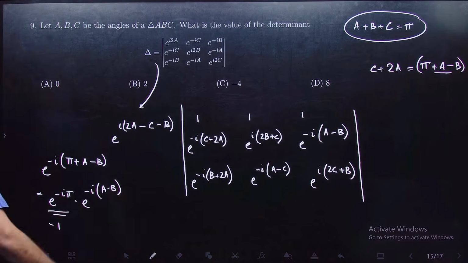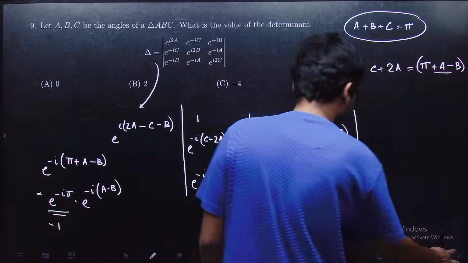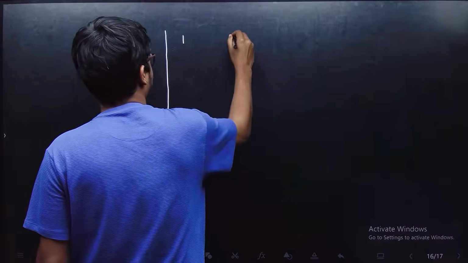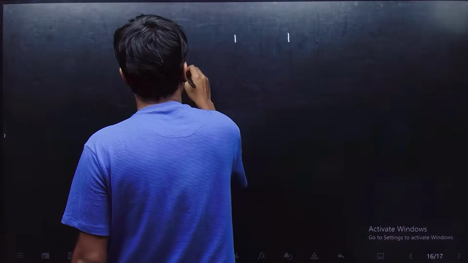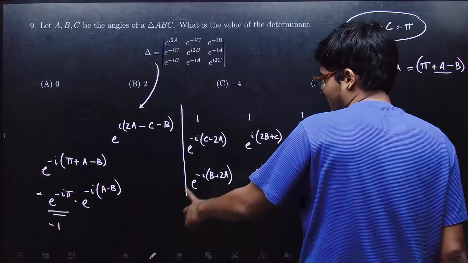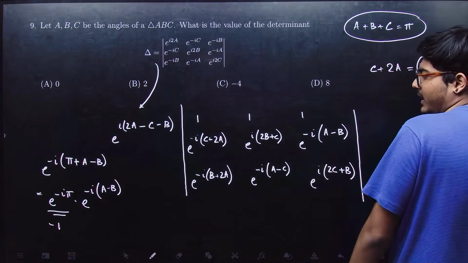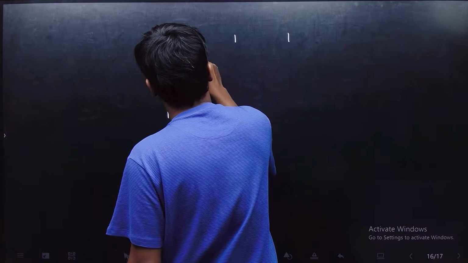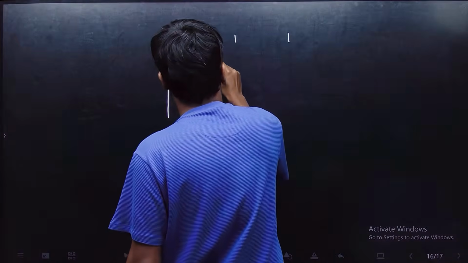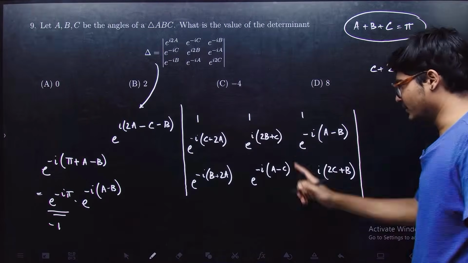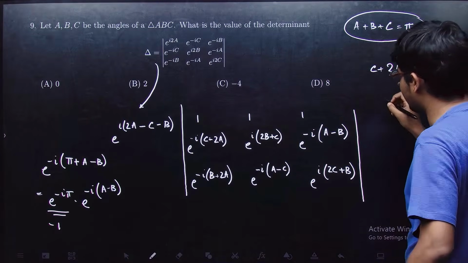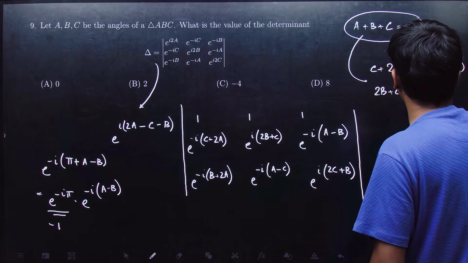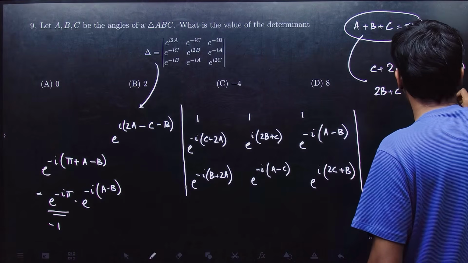So this overall quantity just turns into, if I write this as a new determinant, the first row was 1, 1, 1. The second term is going to be minus e to the power iota b minus a. Similarly, coming to this term, 2b plus c, what will that be? From here, 2b plus c should be equal to pi plus b minus a.